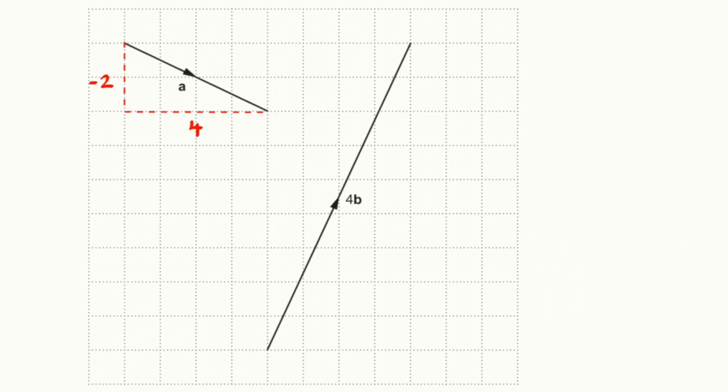Well, let's first of all find out what 4B is. You can see we go 4 to the right, and we go 1, 2, 3, 4, 5, 6, 7, 8, 9 up.